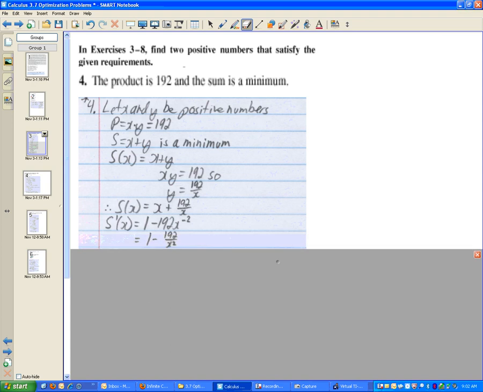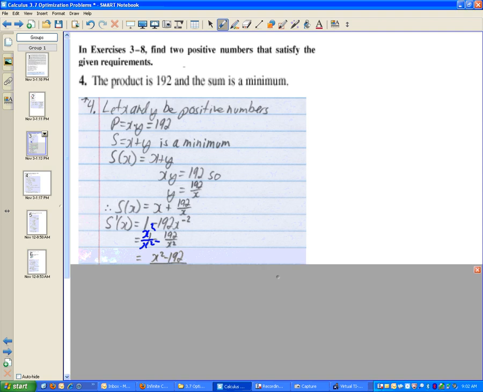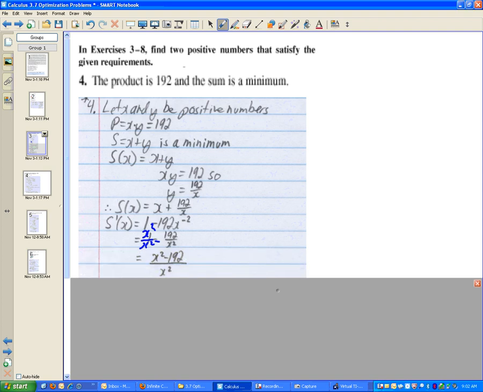But that's hard to find critical numbers written like that, so I'll change it to 1 minus 192 over x squared. It's still hard to find critical numbers. So think of that 1 as x squared over x squared. If I think of that 1 as x squared over x squared minus 192 over x squared, doesn't that become x squared minus 192 over x squared?